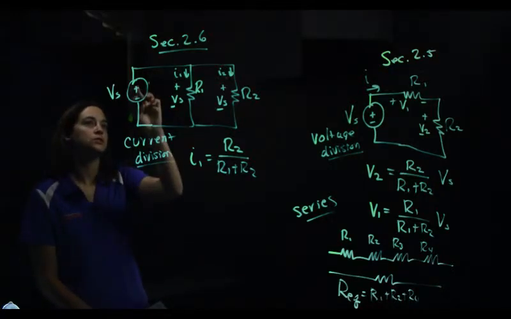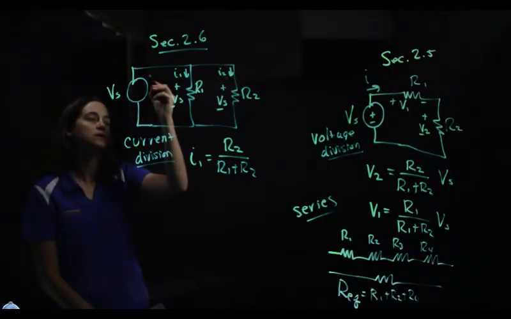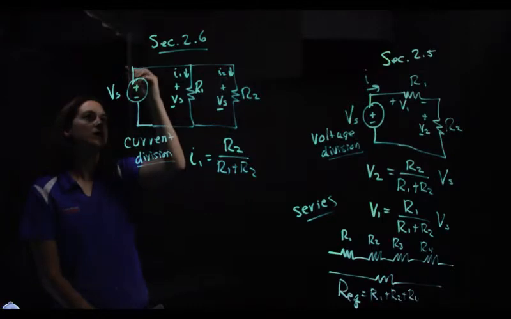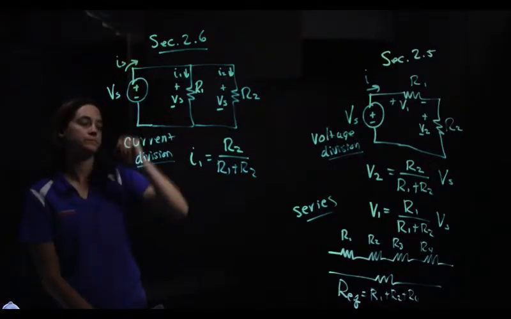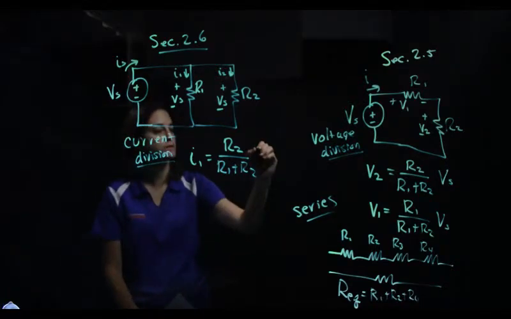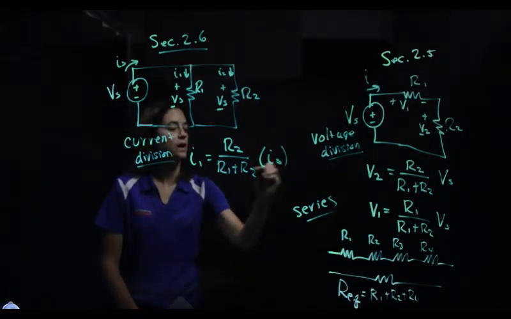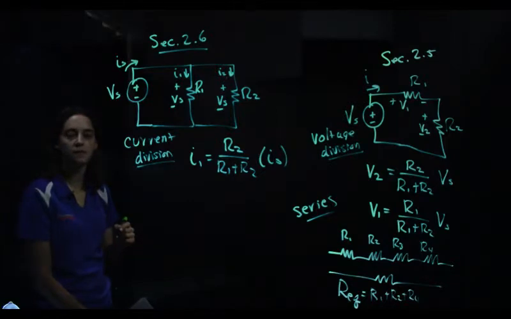We can just draw in our current source IS. This will be times current source IS. That's fine. That's saying the same thing, right?